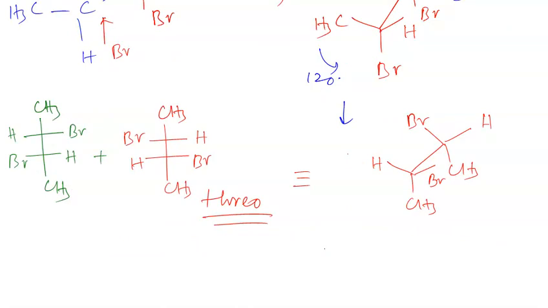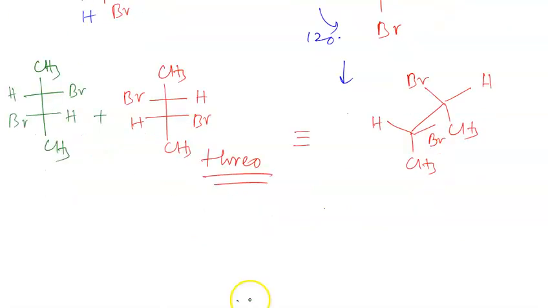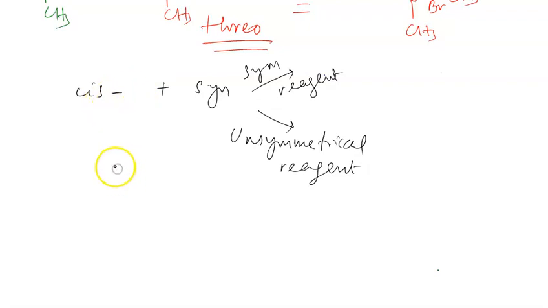Now we have discussed the syn addition. The summary is like this: if the alkene is cis and the addition is syn, with a symmetrical reagent, we generally get the meso compound, which is optically inactive, and with an unsymmetrical reagent, we are getting erythro.